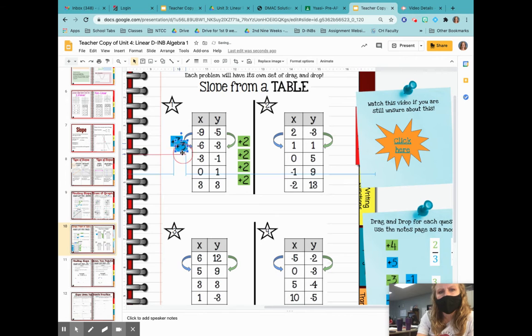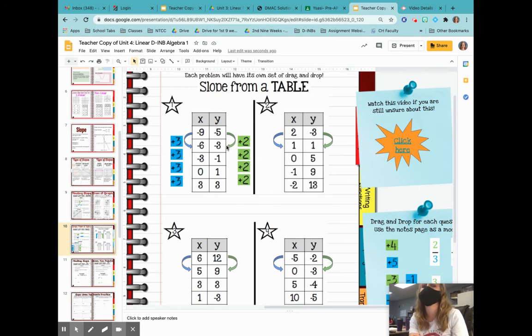From -3 to 0, the +3 again. From 0 to 3, it's a +3. So then we can find our slope by doing rise over run, the change of y's over change in x's. So that would be 2 over 3. And that can't be reduced at all. That is the slope.